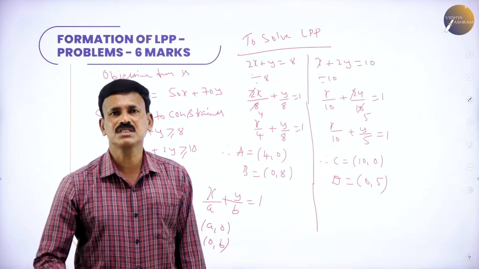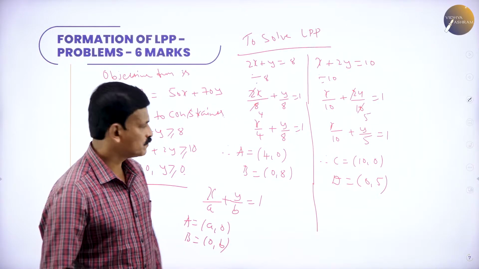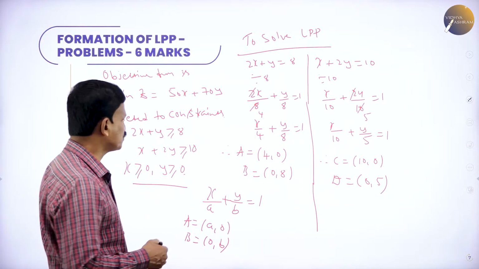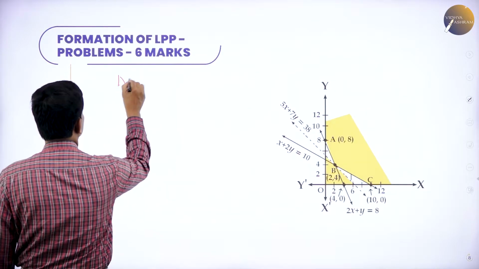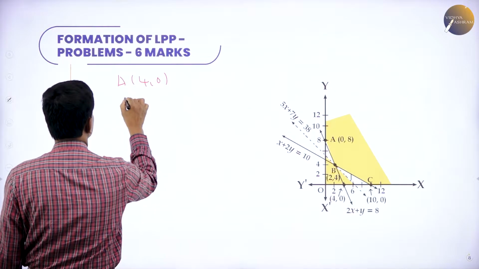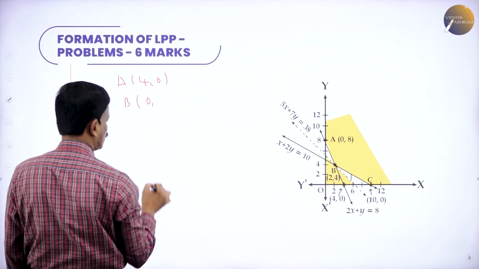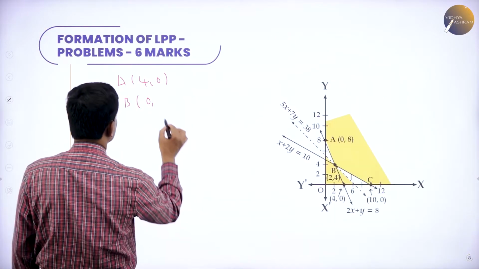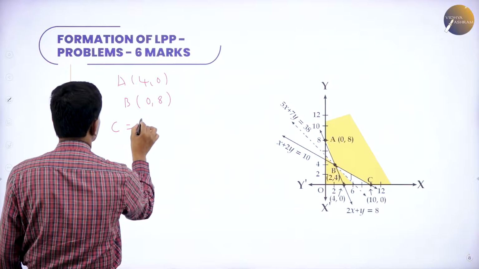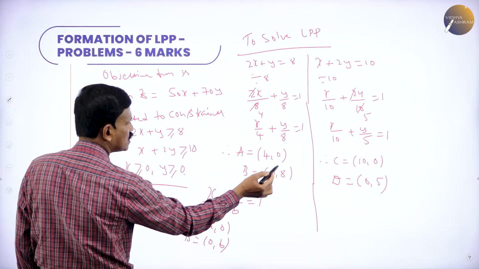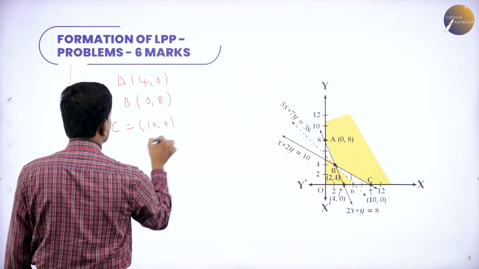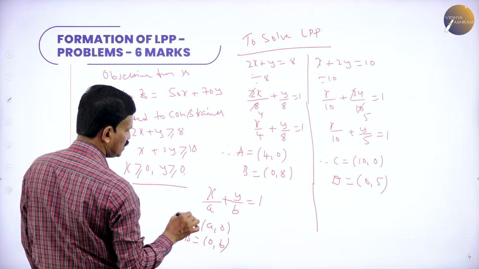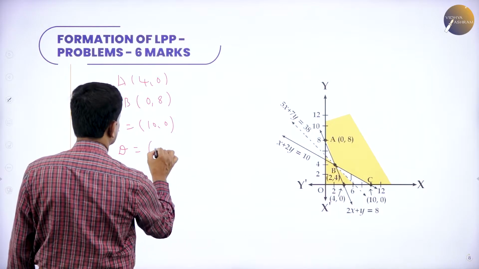Now, let us represent this on a graph sheet. What are the points? A 4, 0, B 0, 8 and C. What is C? C is 10, 0 and D is 0, 5.